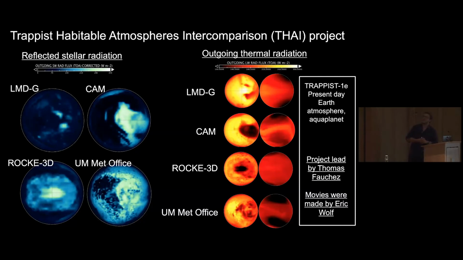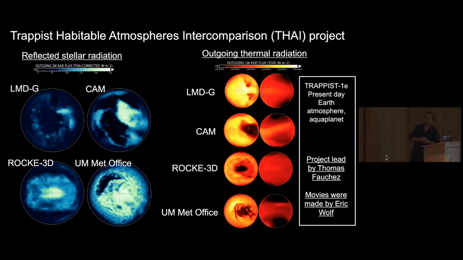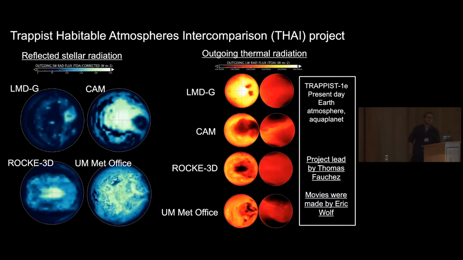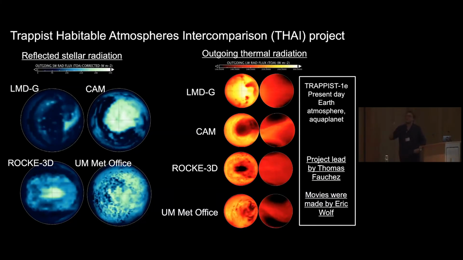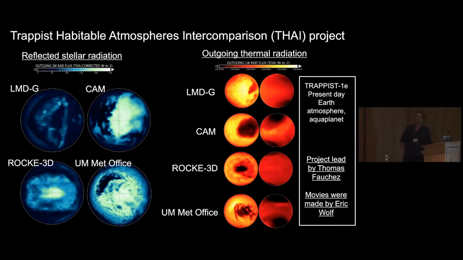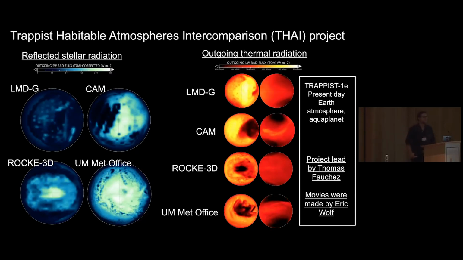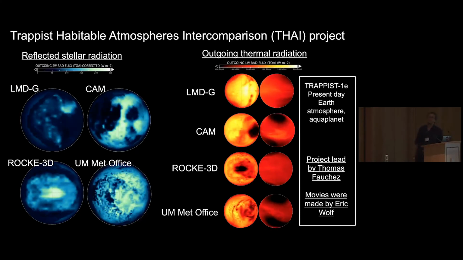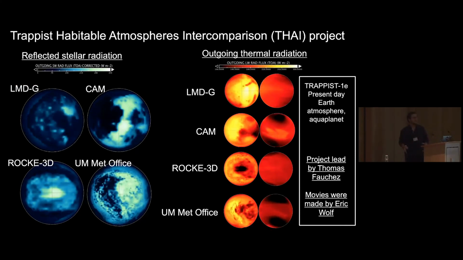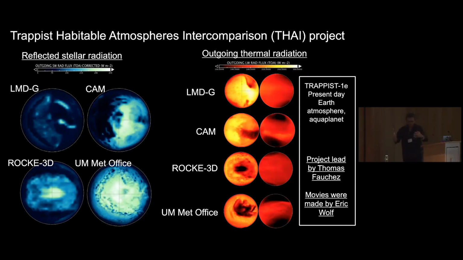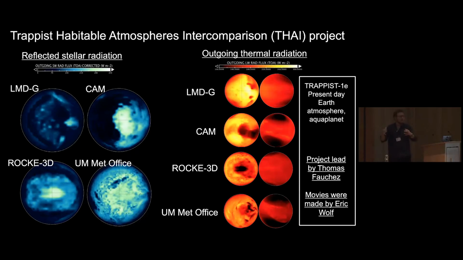It's a group of scientists, some of them are in the room, that started a huge intercomparison between four GCMs, four global climate models: the LMD GCM, the CAM model, the ExoCAM model, and the ROCKE-3D model, where we wanted to do two things. The first is to know, for the specific case of TRAPPIST-1e, whether by using similar input data and putting the models in similar conditions, the models agree or not.